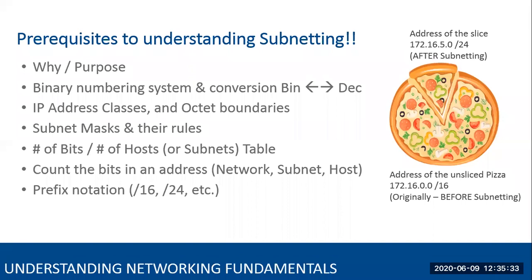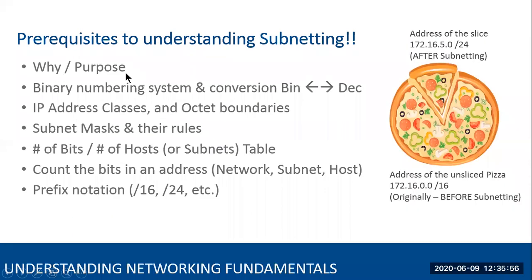Now, in order to actually understand the subnetting part of it, that's what gives students a lot of heartburn, a lot of difficulty, because students try to do subnetting without understanding all the basics. There's a lot of basics that need to be understood first in order to do the quote-unquote subnetting or the actual math. The first thing is you should understand very clearly why we need to do it.